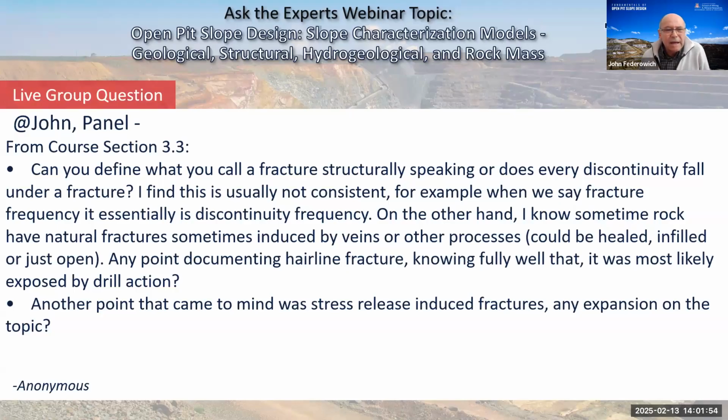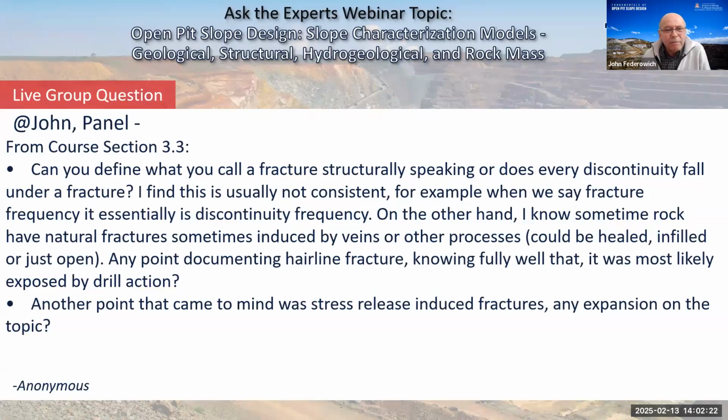If it's in the pit, and there are induced fractures on a bench, whether right near the blasting front or further up the slope, that is indicative of some potential failure and a gradual opening of those types of fractures.